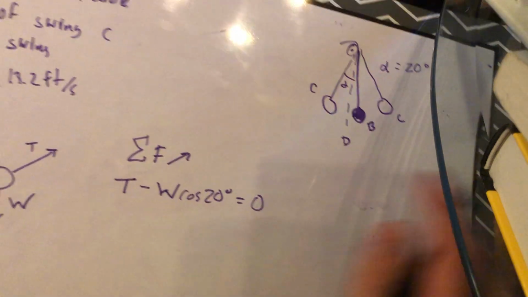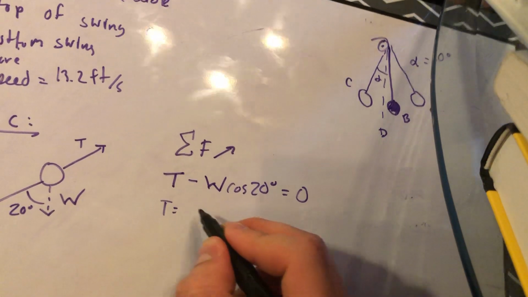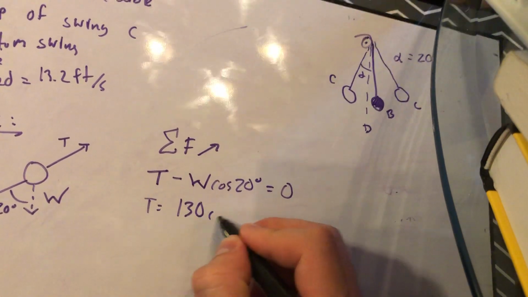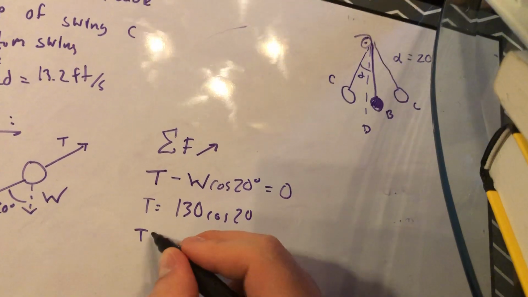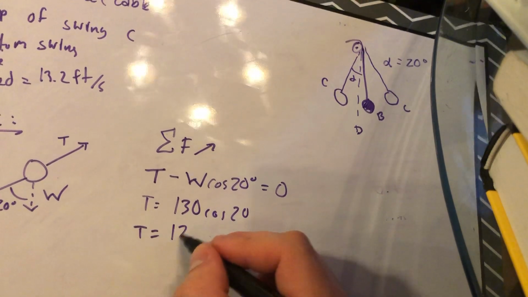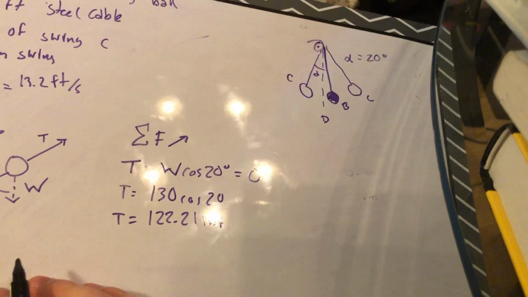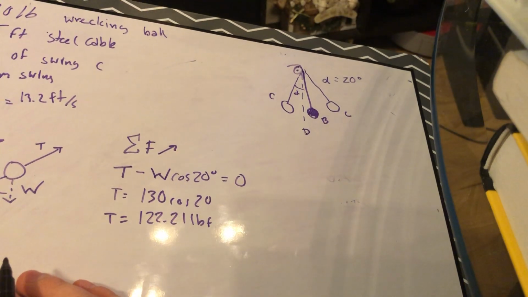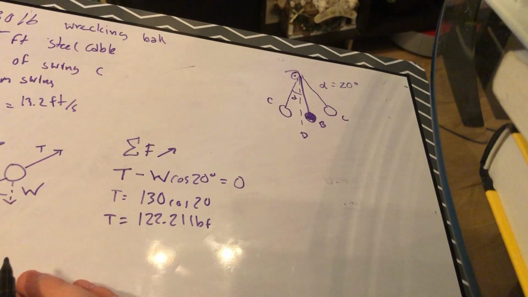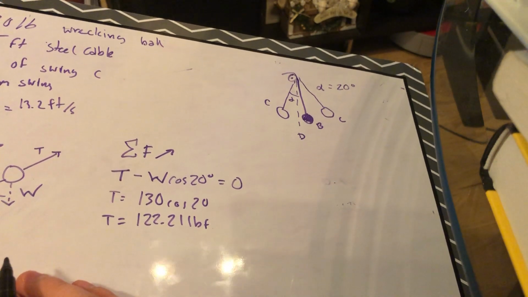Now we know the weight is 130, so T is equal to 130 cosine 20, and then T is equal to 122.21 pound force. So that is the tension on the cable at the top of C.